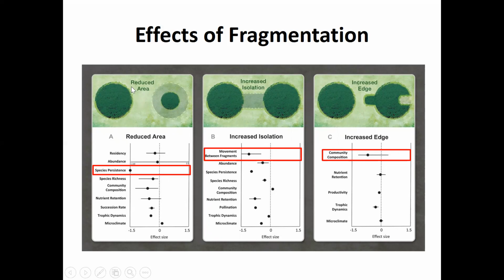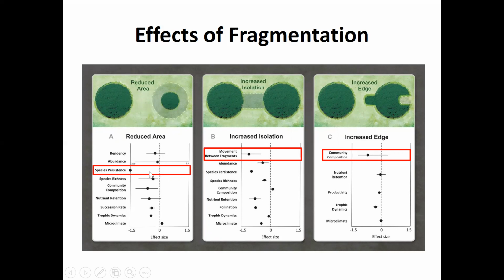Okay, so you can see here reduced areas noted in this first graph, and this is a figure from a paper that really tried to do a meta-analysis and understand how these different effects of fragmentation impact the biological communities living in these areas. Okay, so again, first major effect is reduced total area available in terms of the ideal habitat.